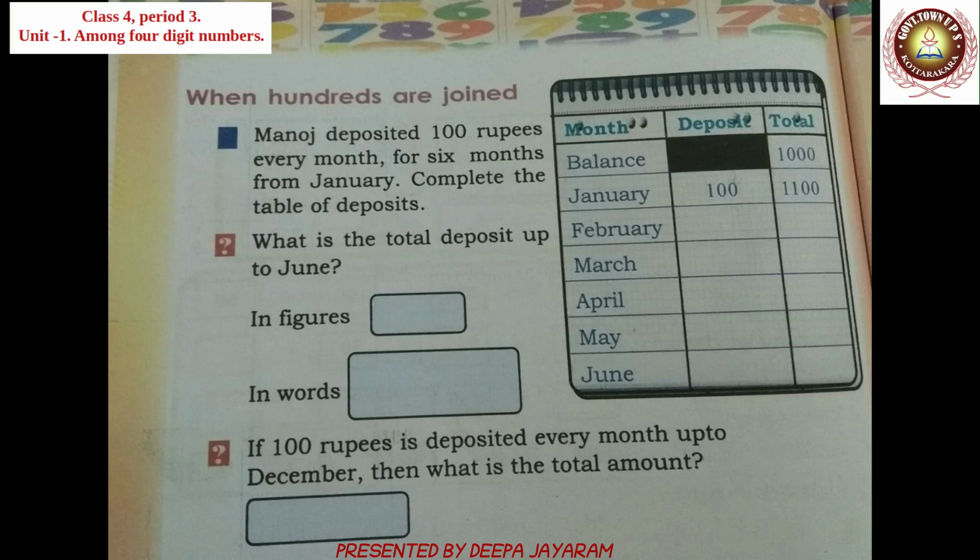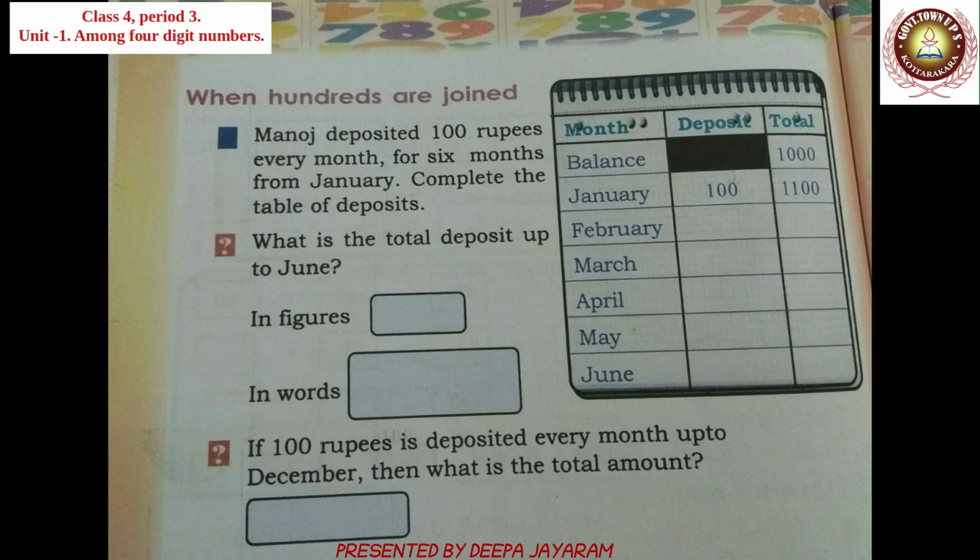So, draw another table, extend the months up to December and complete the table once again. Here also the deposited amount is 100 in all the columns and changes will happen only in the total column. After completing the second table, by adding the numbers in the total column, you will get the total deposit up to December.